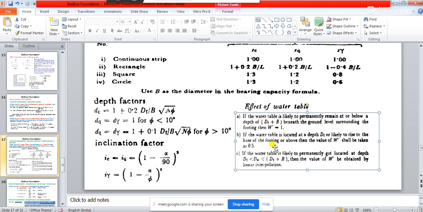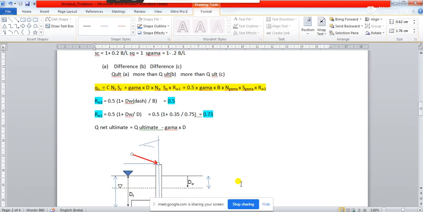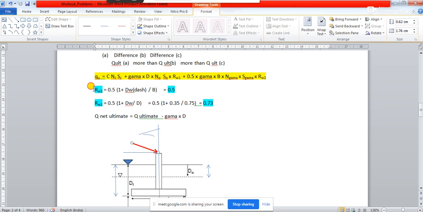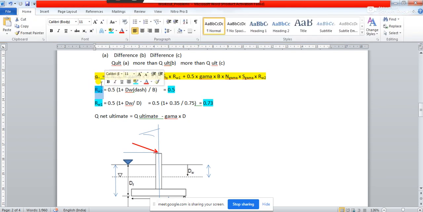You need not get confused with this reading over here. If you remember when we discussed the water table correction factor, this RW2 and the W dash are exactly the same as we discussed earlier.